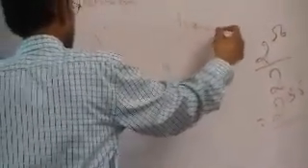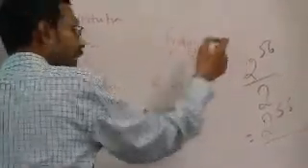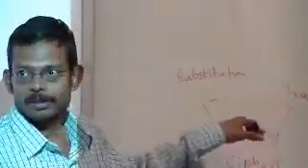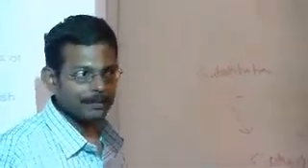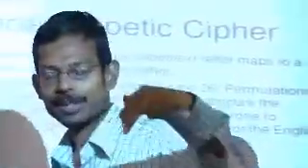Columnar transposition, all the permutation based ciphers, right? These are the two broad classes we saw. So given a ciphertext, how would you find out whether it was generated through a substitution based cipher or a permutation based cipher? Through the letter count.